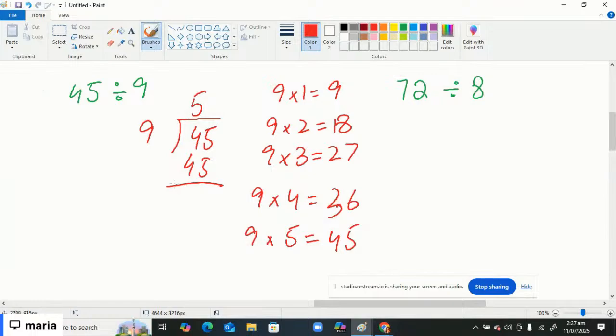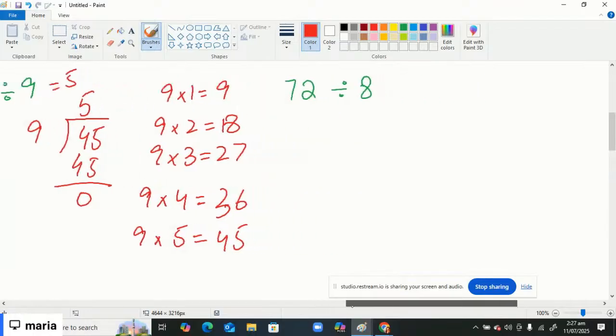So here we get the answer 0. So the answer is 5 from this one.